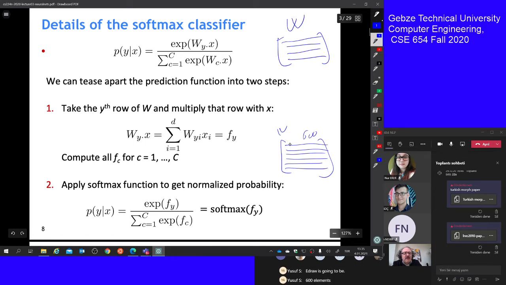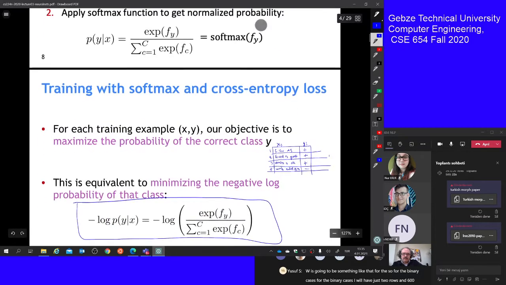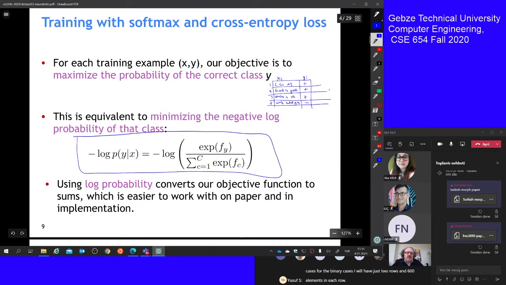So it's going to have 600 columns, and with 10 classes, I have 10 rows. W is going to be something like that. For the binary case, I will have just 2 rows and 600 elements in each row.